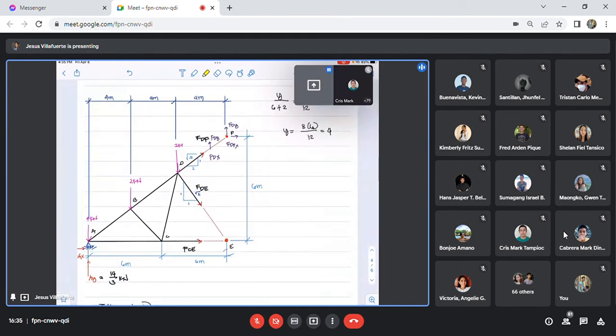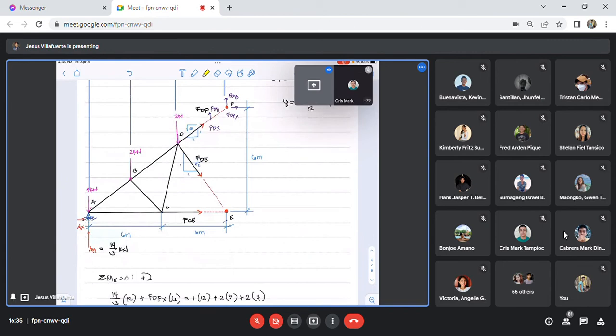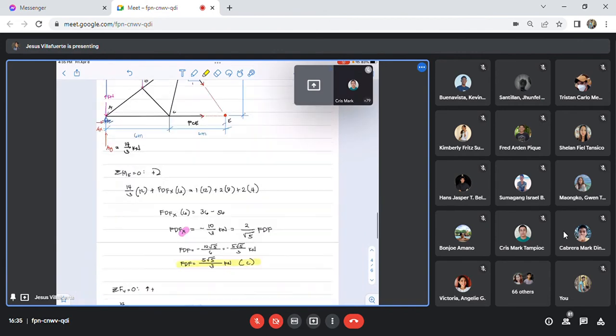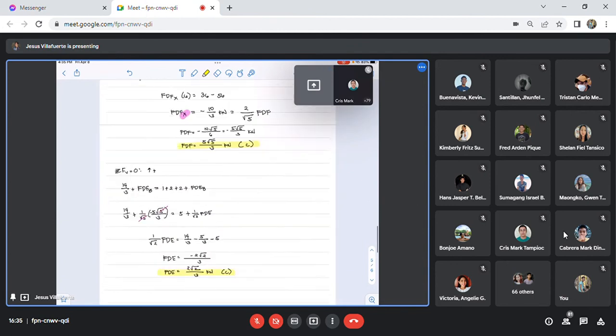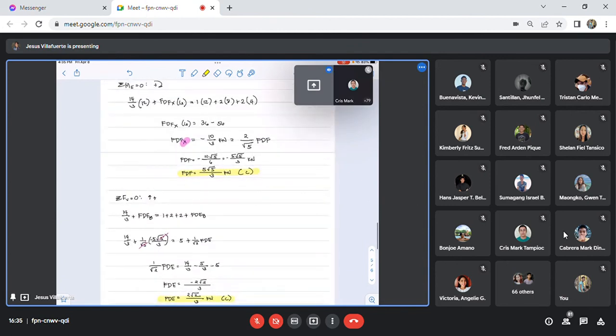And if you take summation of forces horizontal, then you will be able to get your FCE. So, follow the class? So, any questions?